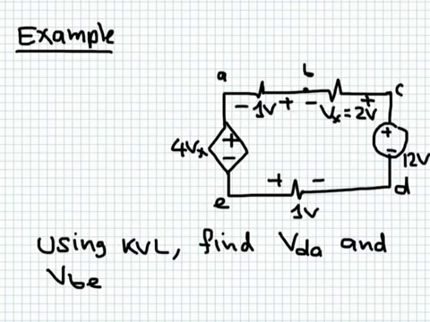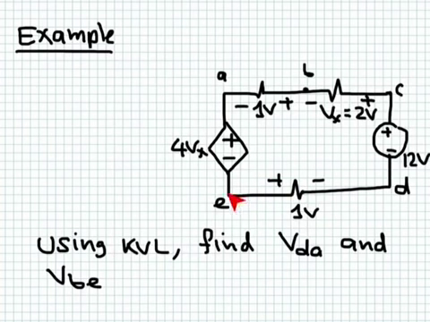So I can simply say that VAD is equal to 9. It's very important to understand that when you move from one point to another, there is either a voltage drop or a voltage gain. And you can see from this symbol that the voltage at point E is equal to the voltage at point D plus 1 volt because of this polarity.